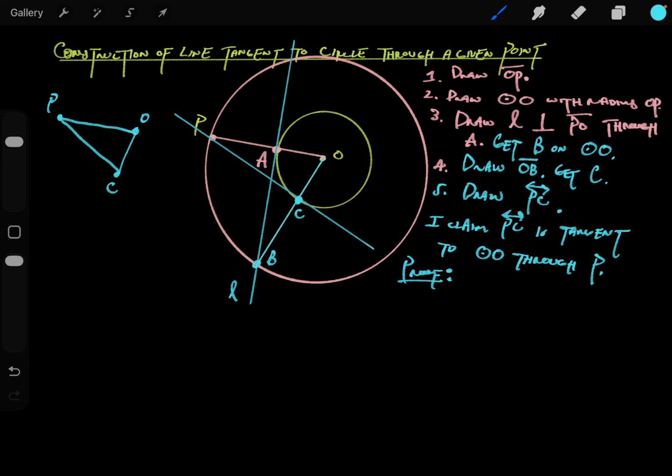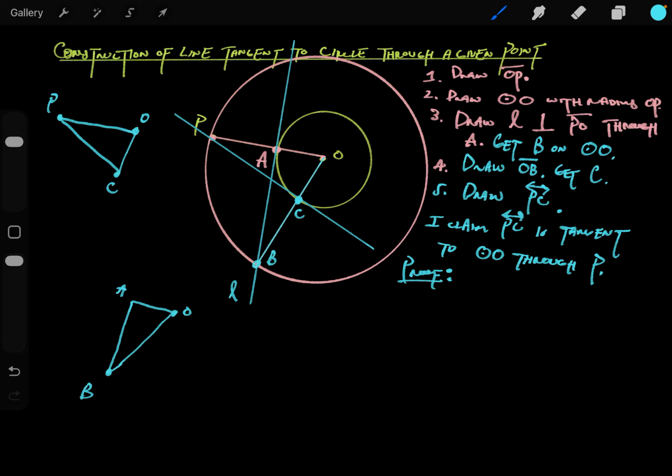Okay, and then let's look at triangle BOA. I want to look at these two triangles here, and then I want to come to a certain conclusion.